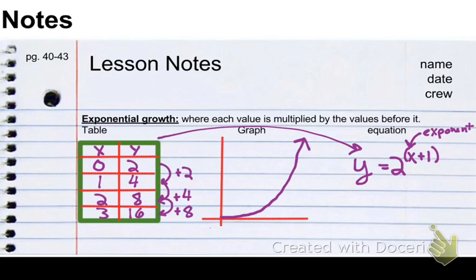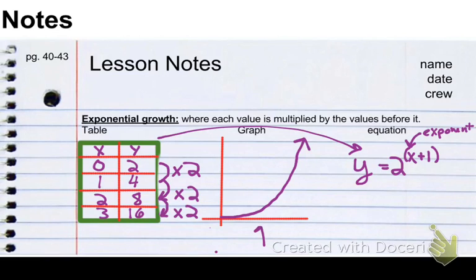So here I've got an example where I go up from 2 to 4. I don't add 2 to get that. I times 2 to get that. And then to get from 4 to 8, I had to times 2 as well. And to get from 8 to 16, I had to times by 2 as well. And if I'm looking at adding this, it just gets larger and larger and larger.